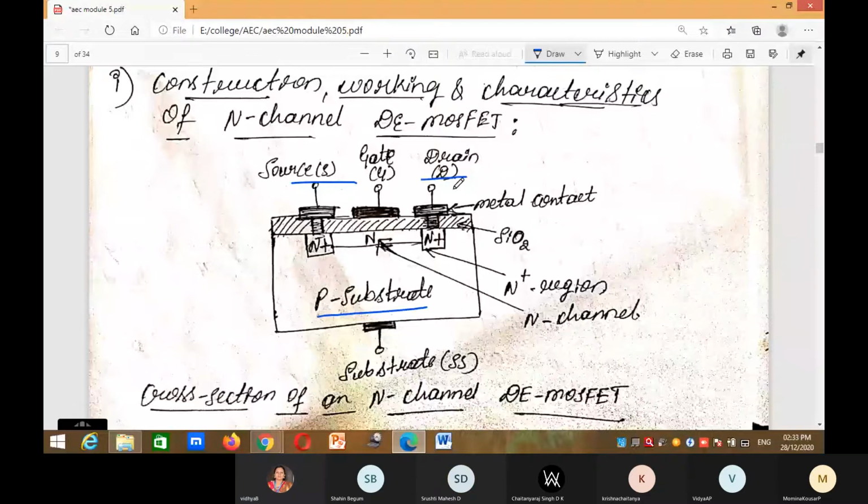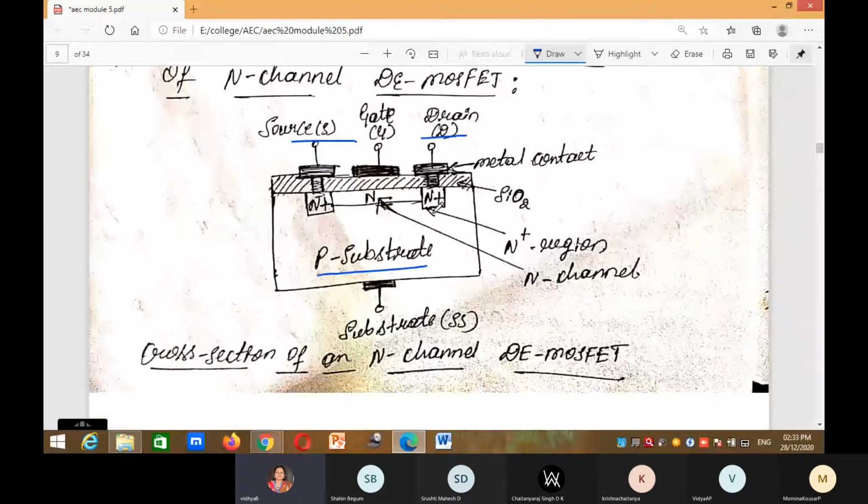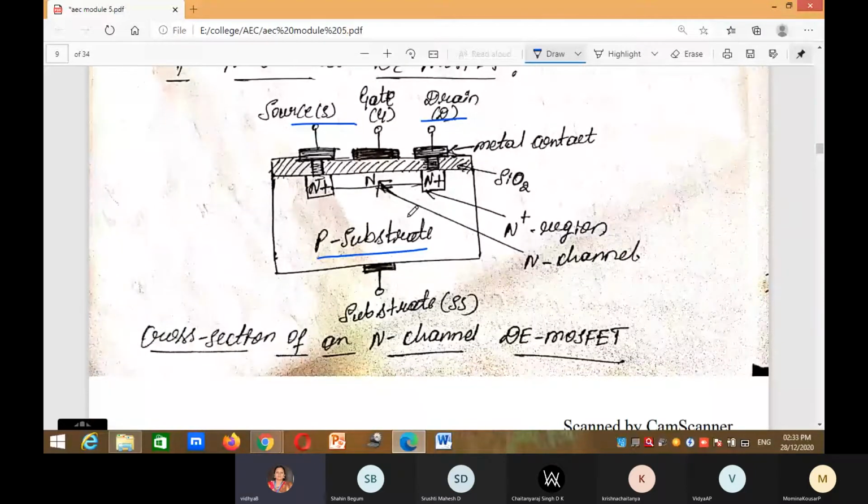This is the circuit diagram and construction. The source and drain terminals are connected through metallic contacts. You can observe the source and drain are connected through metal contacts to N-doped regions linked by an N-channel.